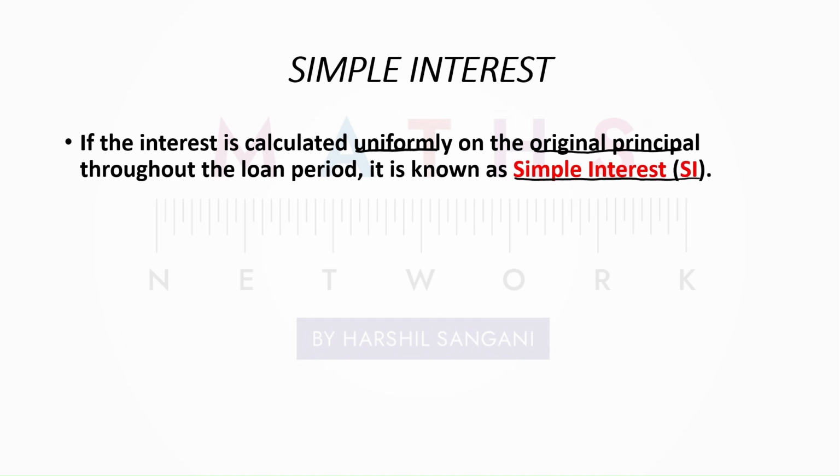The formula for simple interest is SI equal to P multiplied by R multiplied by T upon 100, where P is the principal, R is the rate of interest, and T is the time period.